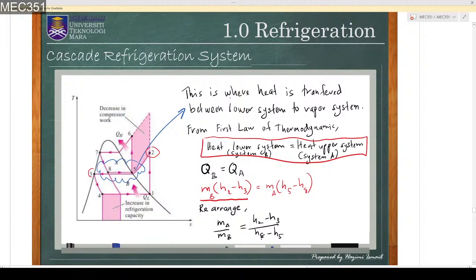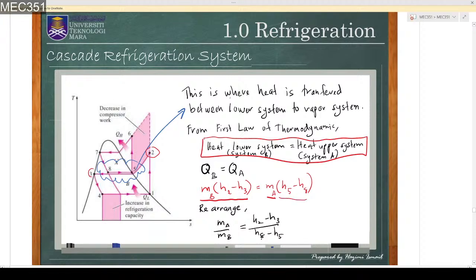Then the total heat, represented by QB, will be absorbed by system A. The heat absorbed can be calculated by using this formula: mass flow rate of A times the enthalpy change between state 8 and state 5. Enthalpy 5 will be higher than enthalpy 8, so we use enthalpy 5 minus enthalpy 8.